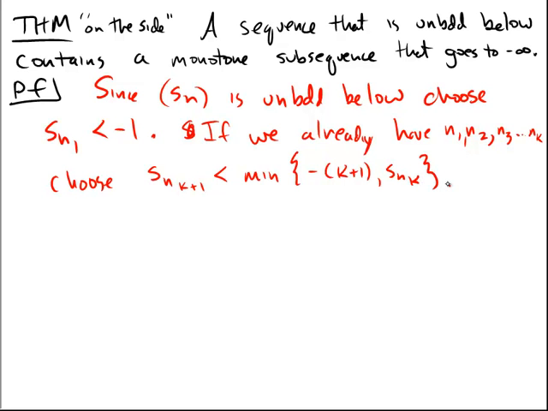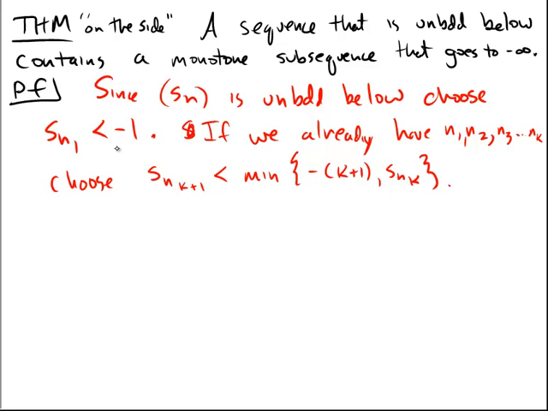Okay, we need to have this weird little minimum thing here because remember, s sub n sub 1 is less than negative 1. S sub n sub 2 will then be chosen to be at least as small as negative 1, and if we ended up going further, then we can at least get down to negative 2. We can force a negative 2 on there.